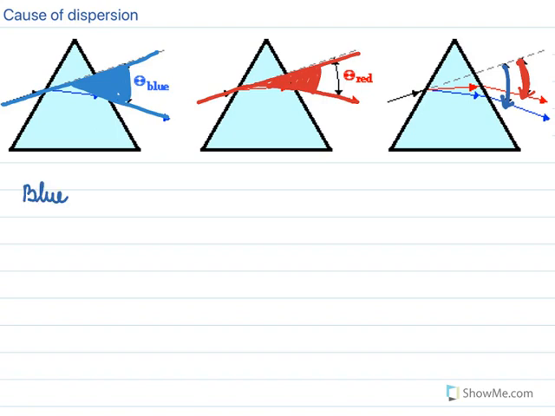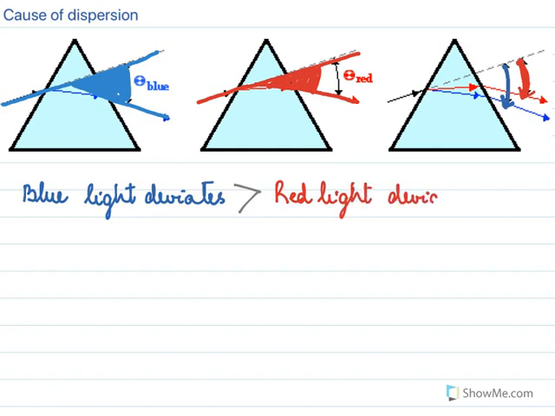When we write the cause of dispersion, we write: blue light deviates much more than red light. Red light deviates less, and blue light deviates more.